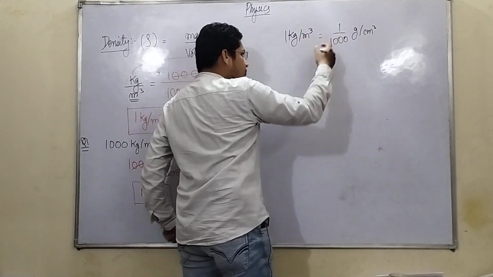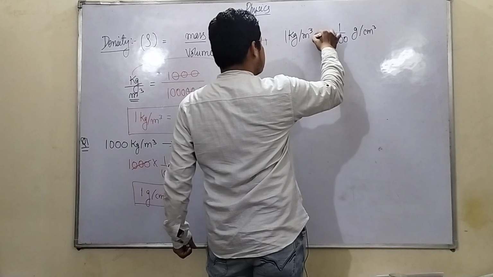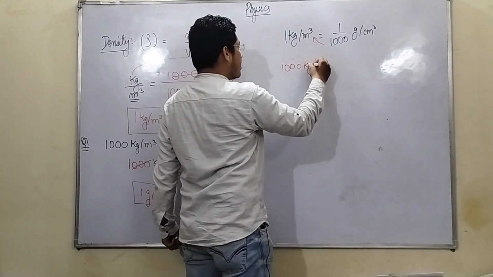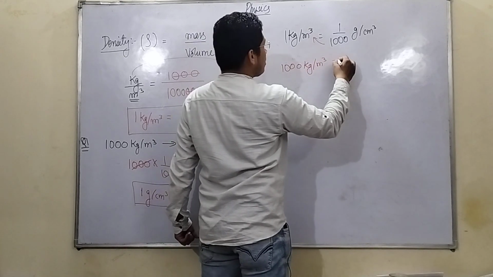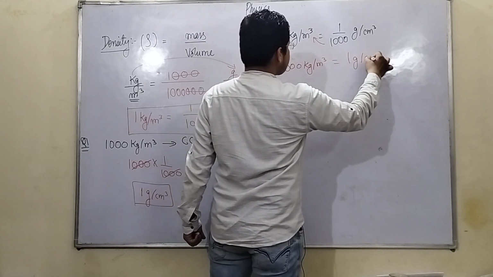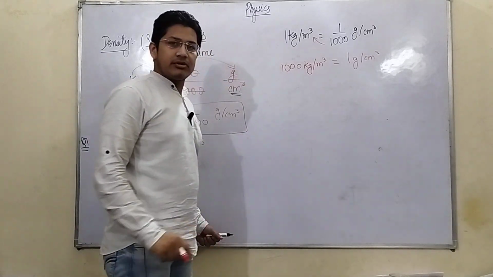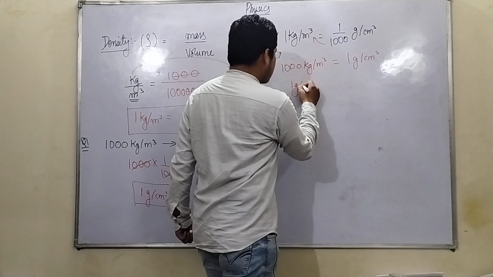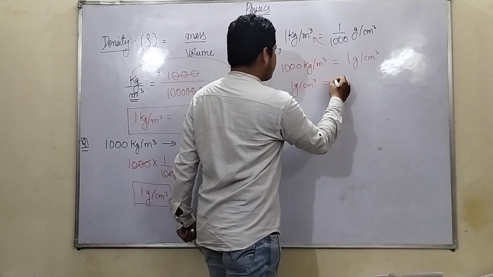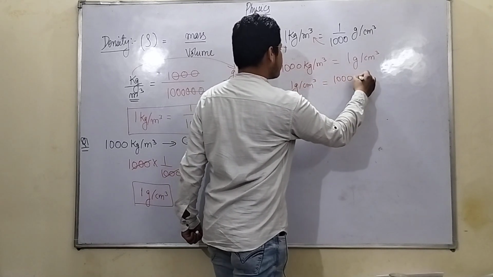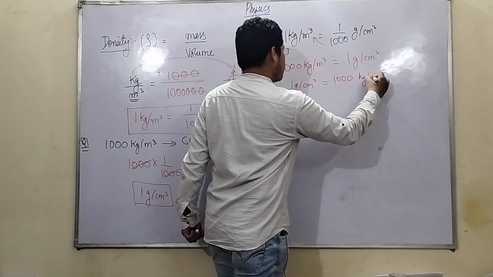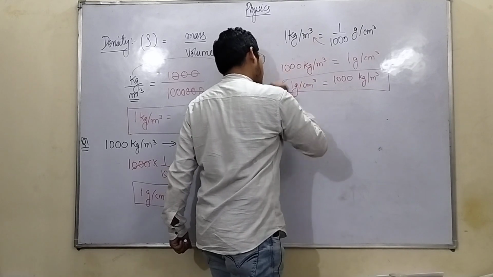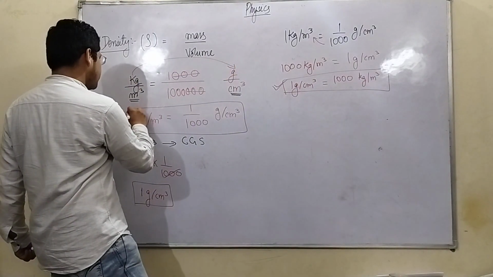So if we transpose this to this side, what will come? 1000 kilogram per meter cube will be equal to 1 gram per centimeter cube. Am I right, beta? Okay. So I can rewrite it like this: 1 gram per centimeter cube will be equal to 1000 kilogram per meter cube. This and this you have to learn.